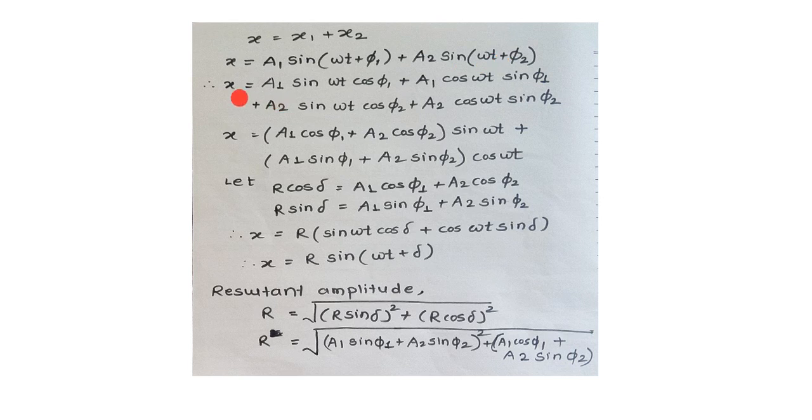Expanding, we get x equals a1 sin omega t cos phi 1 plus a1 cos omega t sin phi 1. This is the formula for sin(omega t plus phi 1). In the same way, plus a2 sin omega t cos phi 2 plus a2 cos omega t sin phi 2.